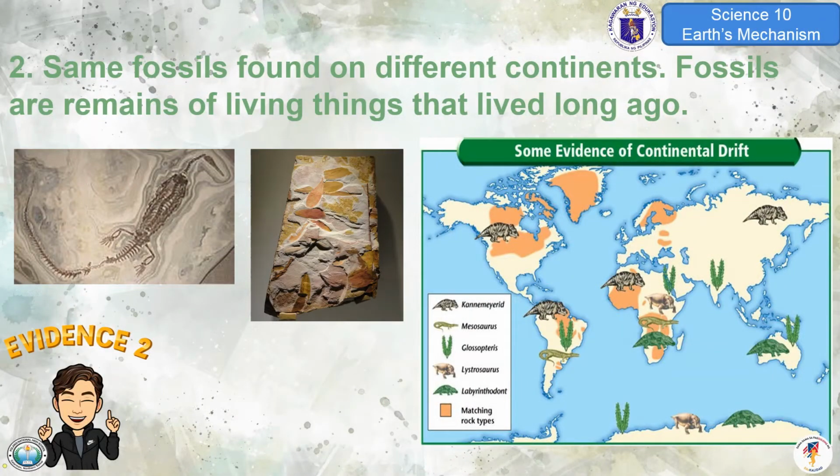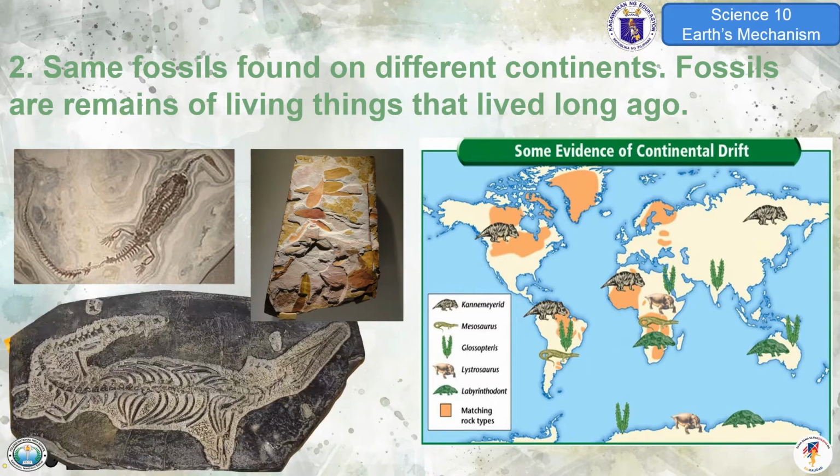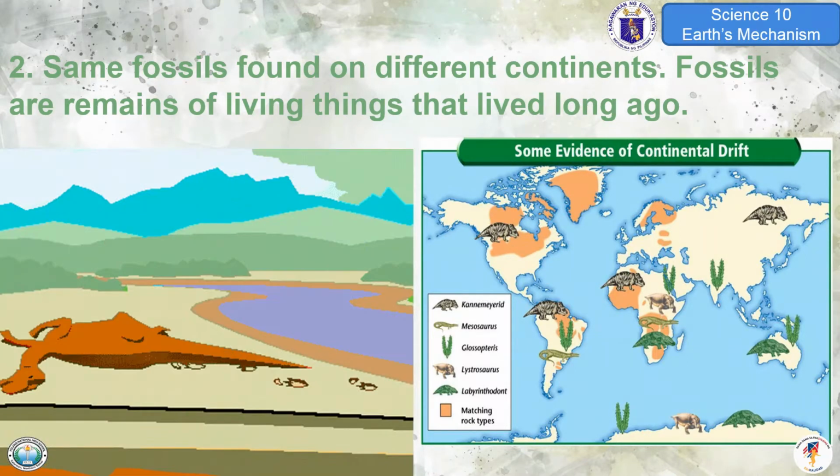Another evidence that supports continental drift theory is that same fossils were found on different continents. And when we talk about fossils, these are the remains of living things that lived long ago.